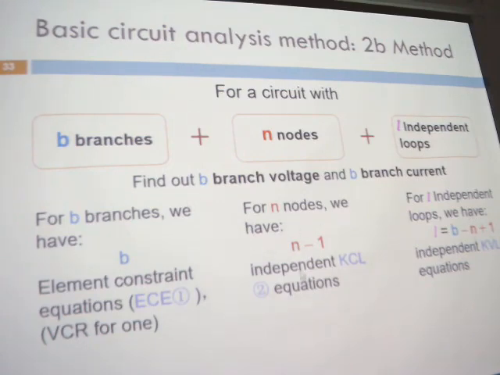B minus the number of independent nodes gives the number of KVL equations. Understand? Then we remember this relation: the number of branches minus the number of independent nodes.